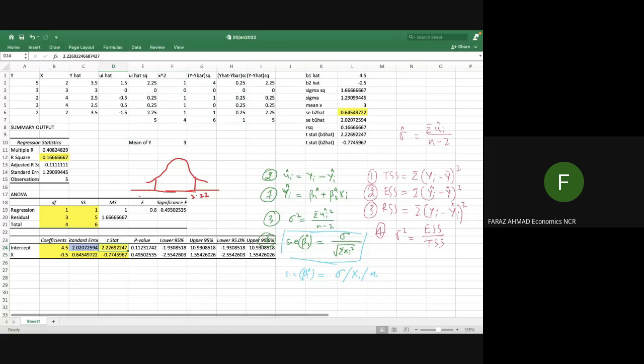So we have a 2.22 and we have a minus 2.22, right? And the green area is the p-value.